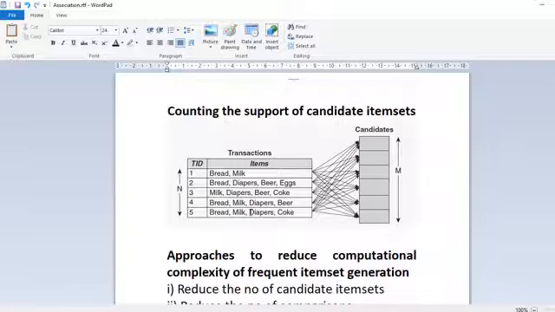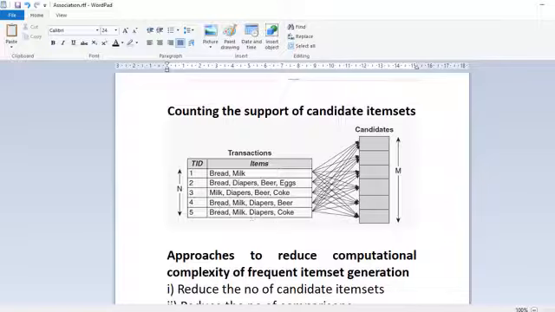The reason is it is computationally expensive because it requires O(NMw) comparisons, where capital N is the number of transactions, M is equal to 2 to the power of k minus 1, the number of candidate item sets, and w is the maximum transaction width, because you have to compare N transactions against M candidate item sets with transaction width w. So it will be computationally expensive.